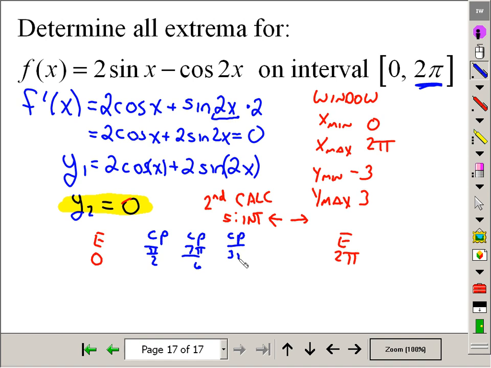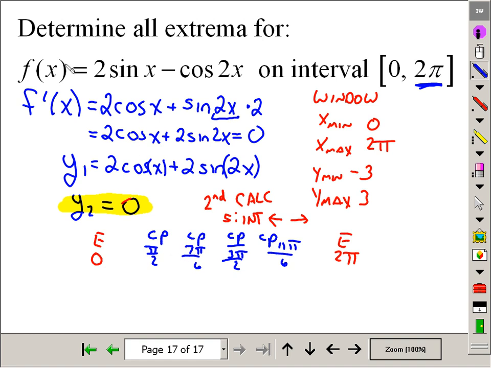Another critical point is 3 pi over 2, which is 4.712. And another critical point is 11 pi over 6, which comes out to be 5.76.